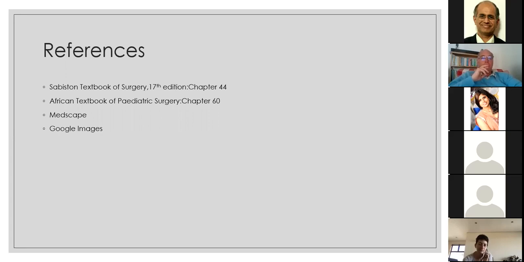Historically, it is important for us to know that he popularized endoscopic sclerotherapy for bleeding esophageal varices. Thank you for pointing out the differences between adults and children, and in children also between those with end-stage liver disease and those without liver disease.